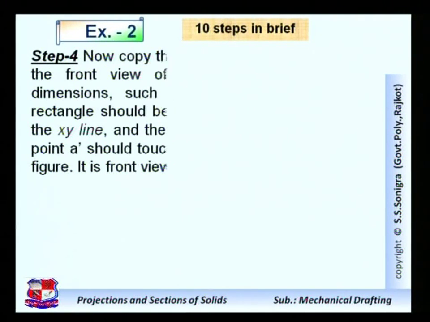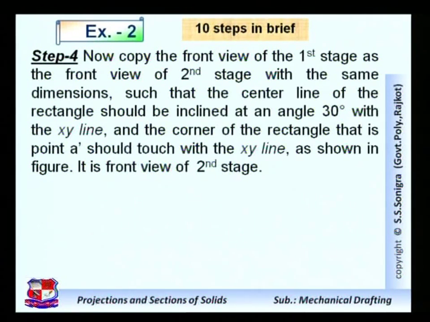Step number 4. Now copy the front view of the first stage as the front view of the second stage with the same dimensions, such that the center line of the rectangle is inclined at an angle of 30 degree with the XY line, and the corner of the rectangle, that is point A dash, touches the XY line as shown in the figure.